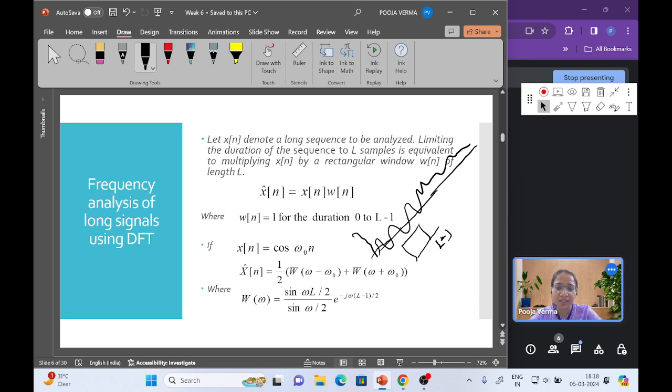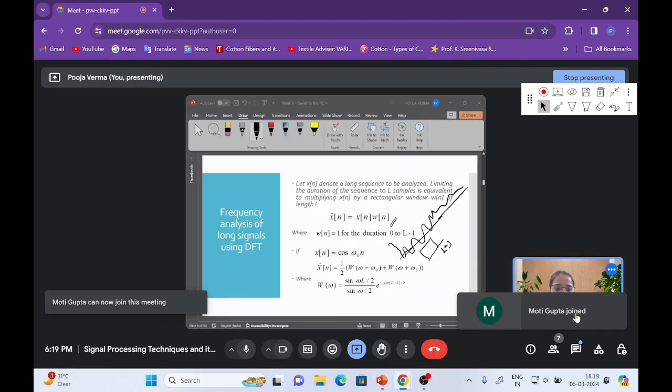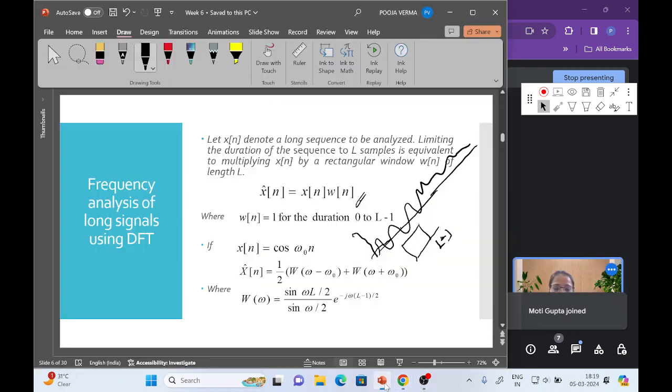Okay, so it is represented by x cap(n) = x(n) w(n), where w(n) is a window function, and this window function can be any. Here w(n) is equal to 1 for the duration 0 to L-1. This is the window function for a rectangular window.